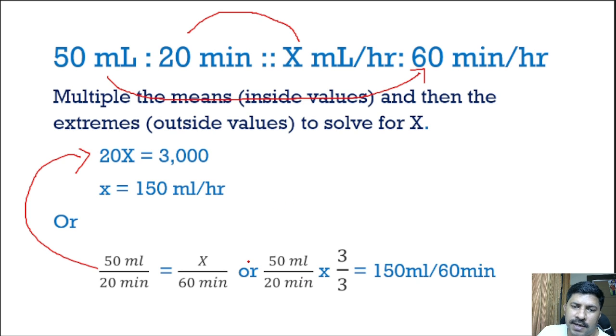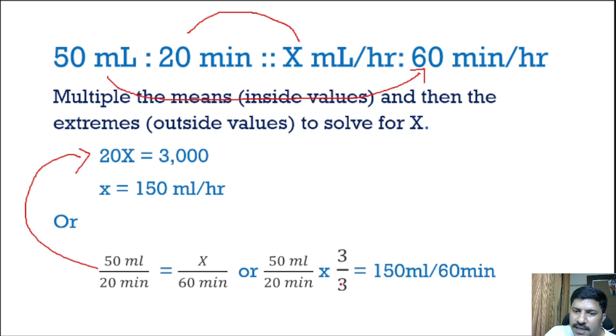And one more method is, 50 ml by 20 minutes. We need to administer 50 ml over 20 minutes. So to get from 20 minutes to 60 minutes, we need to multiply by 3.